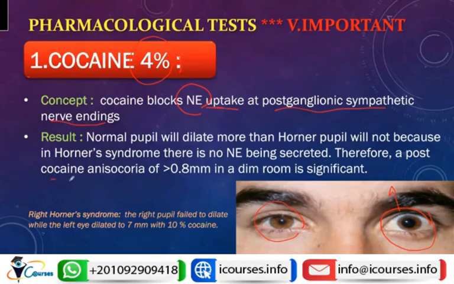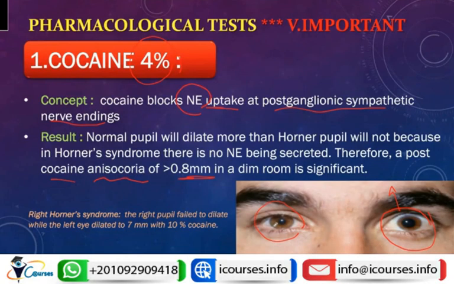That's why cocaine will cause the anisocoria to increase. If the anisocoria is accentuated or magnified between both eyes, we can suspect that this patient has Horner syndrome in the eye which is small. Again, when you put cocaine into both eyes, the normal eye will dilate while the Horner eye will not dilate.